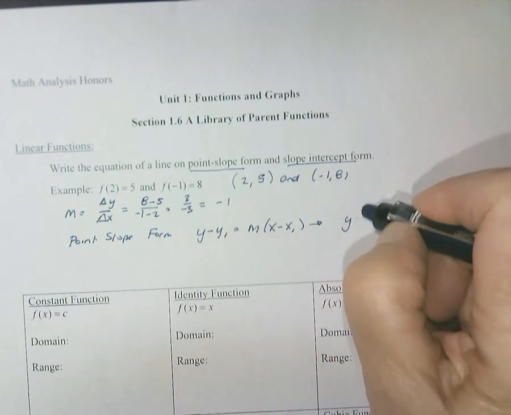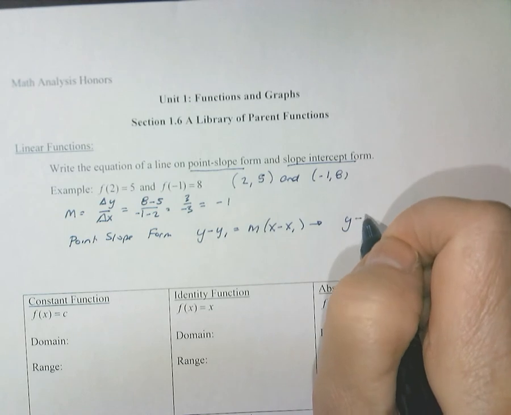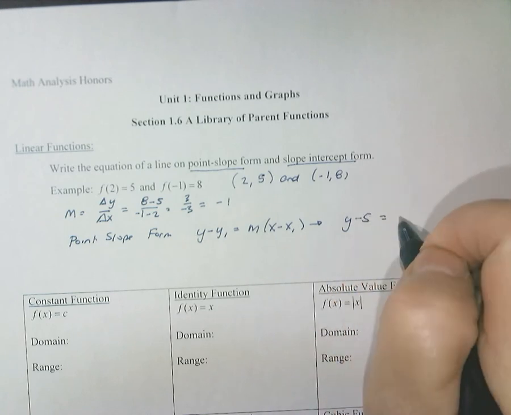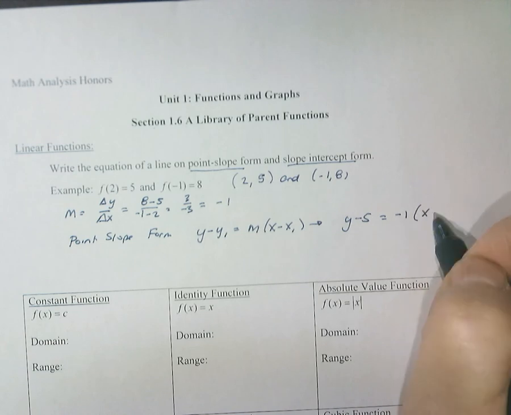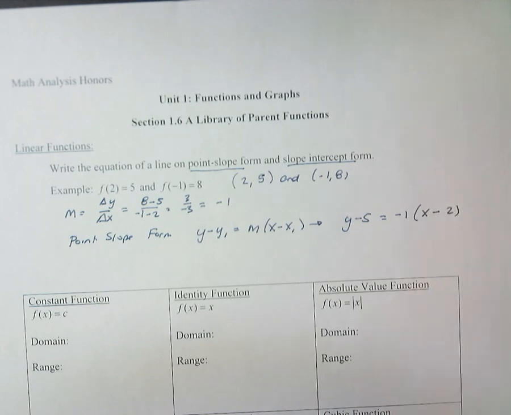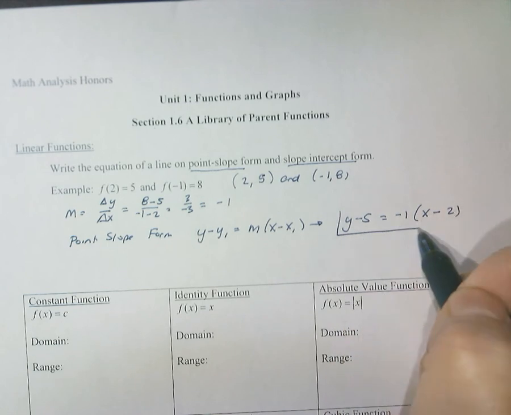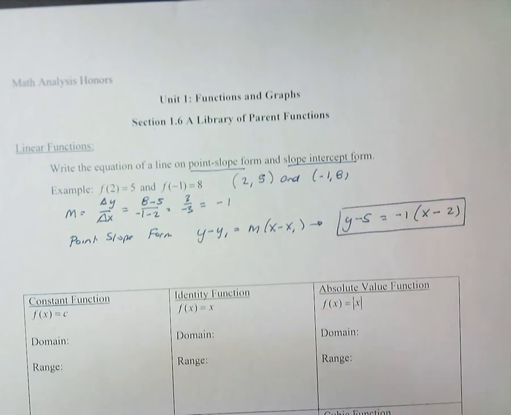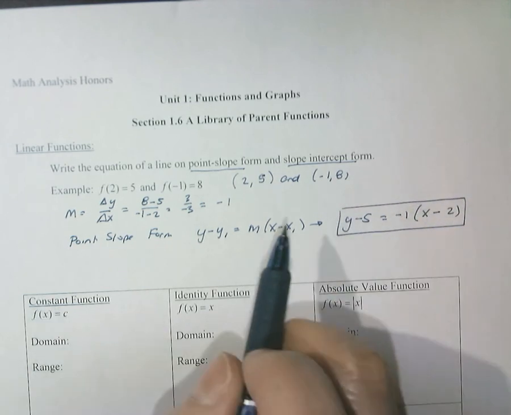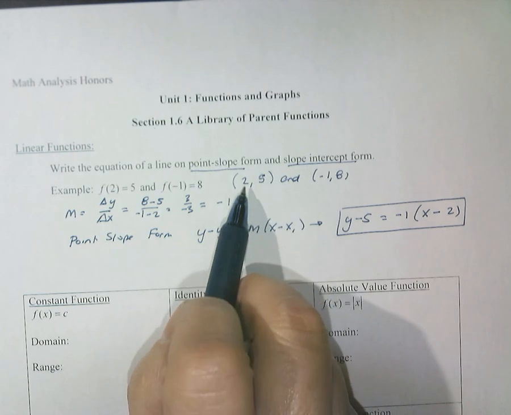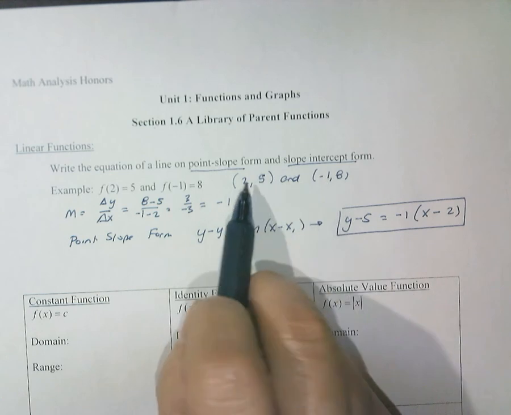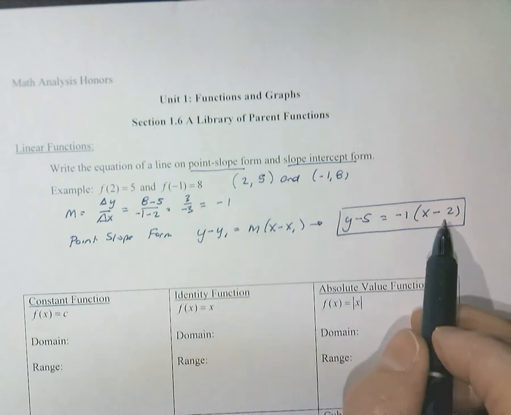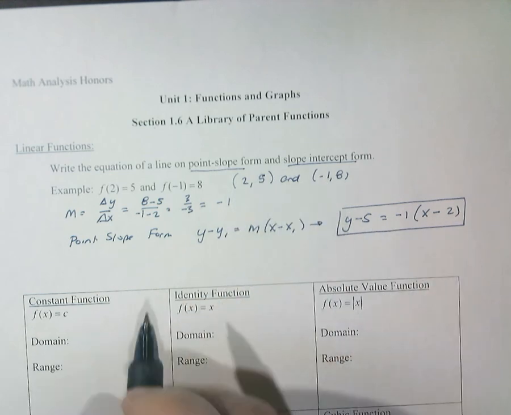So I have y minus 5 equals my slope, which is negative 1, and then x minus x1. My x1 is 2. That's point slope form, and I just leave it like that. And it doesn't matter which I call y1 and x1 and y2 and x2. I could have switched these around. This equation would have looked different, but it still would have been correct.